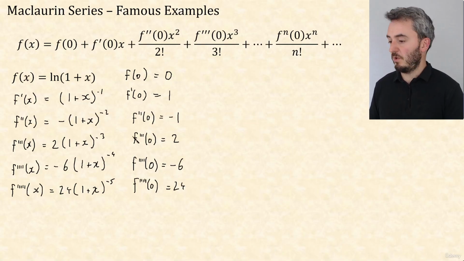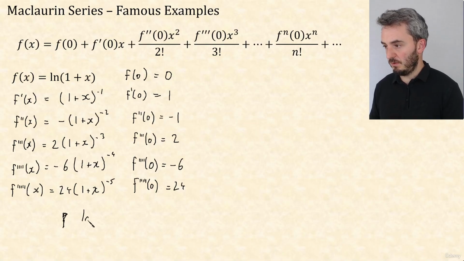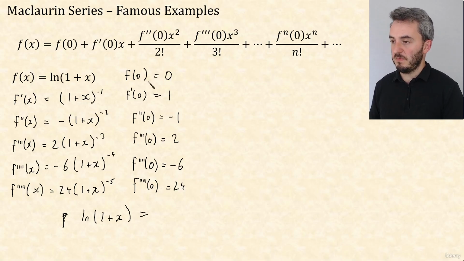So what have we got going on here? Well, our f of x, which was ln 1 plus x, is f of 0, which is 0, and then it's 1x, so it's x. Then minus x squared over 2 factorial.